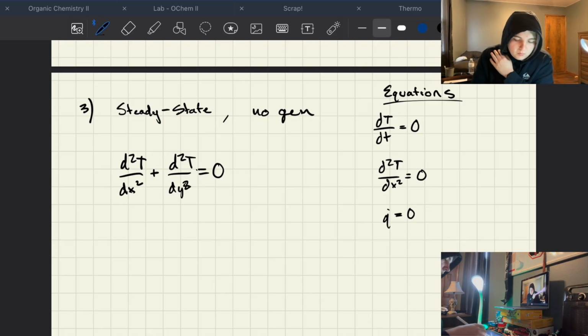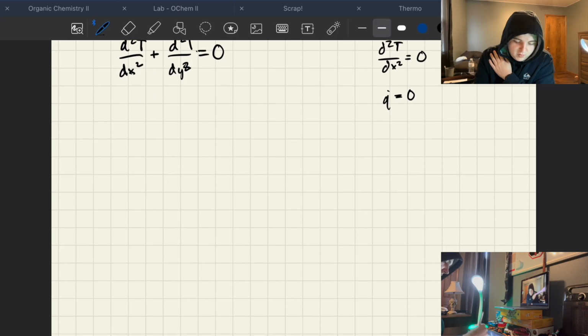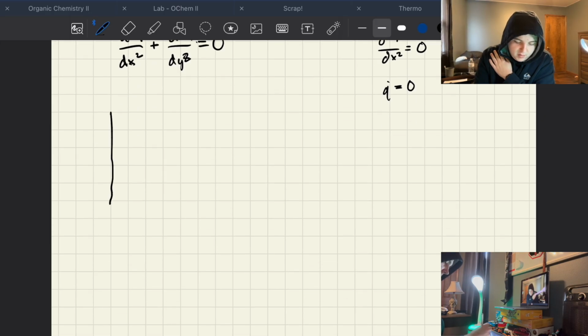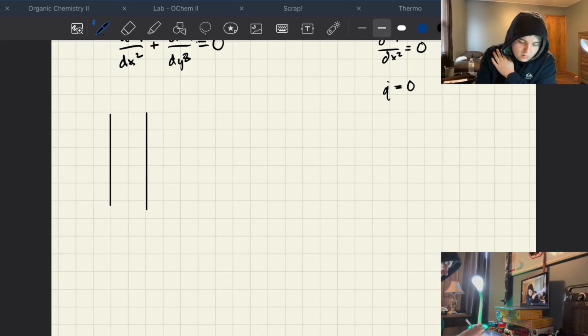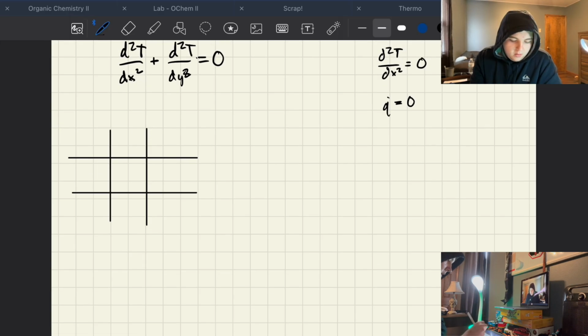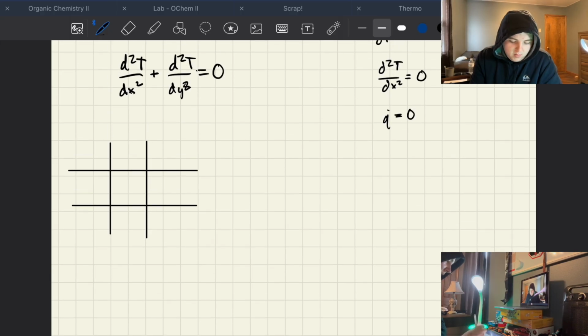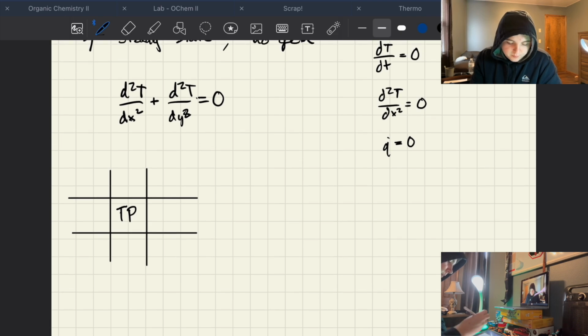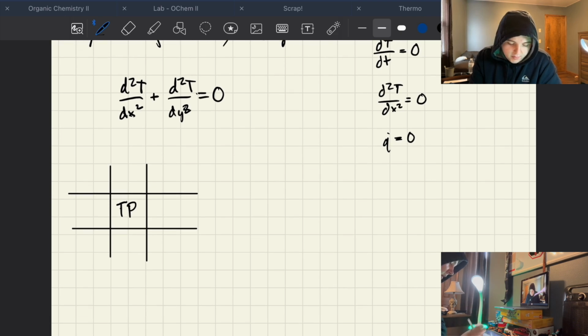We're going to make a matrix similar to what we've done before, a 2D matrix. We're going to call this middle point TP, for target point, and let's call the neighbors up, down, right, and left.